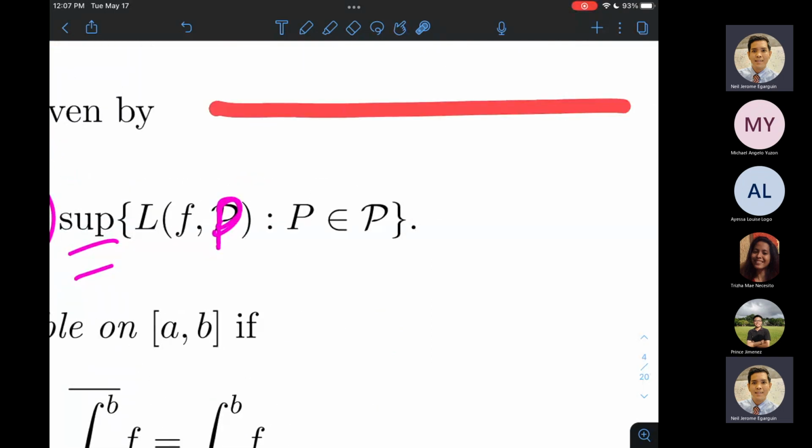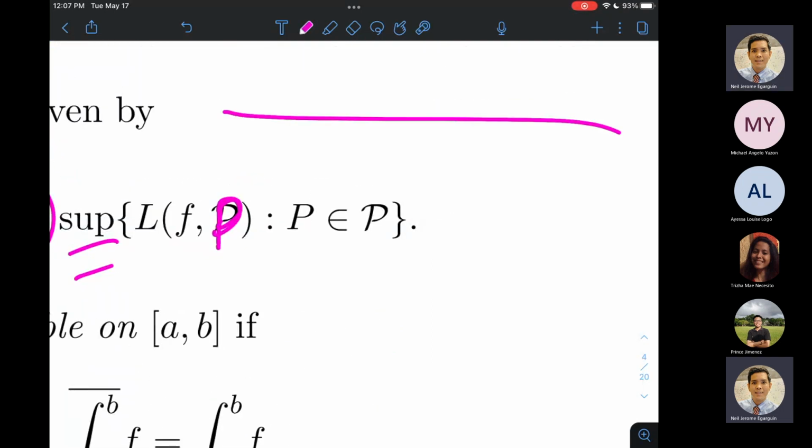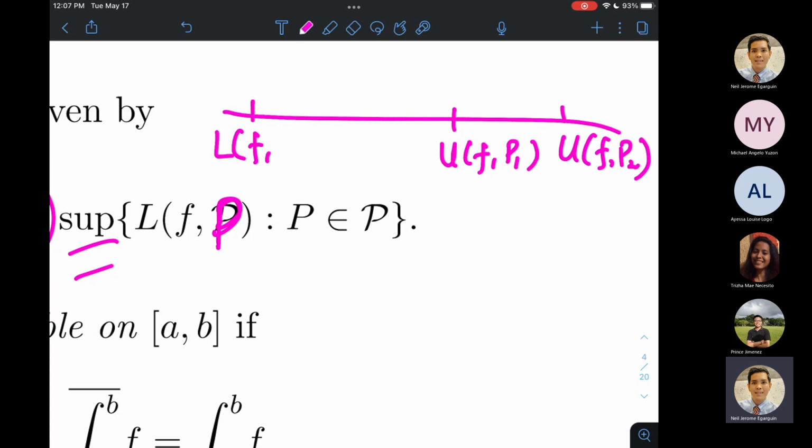Because if you will plot yung mga lower at saka mga upper Riemann sums, yung mga upper Riemann sums, nandito sila. Upper Riemann sum, so F, say P1, posibleng nandito yung upper Riemann sum F with respect to P2, tapos nandito lagi yung mga lower Riemann sum. Okay?